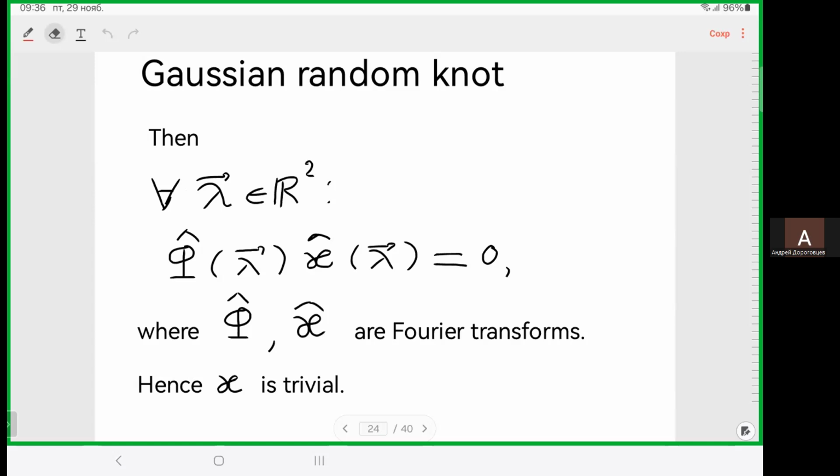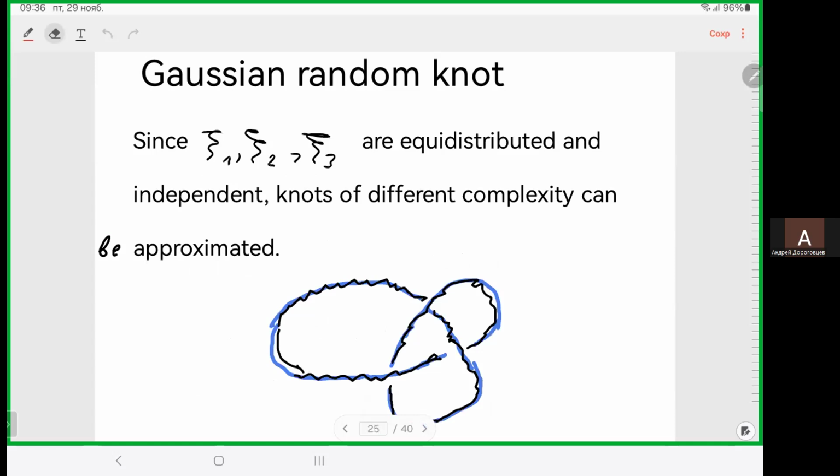The distribution of our Gaussian coordinates has support equal to the space of periodic functions. Since xi1, xi2, xi3 are equidistributed and independent, knots of different complexity can be approximated.